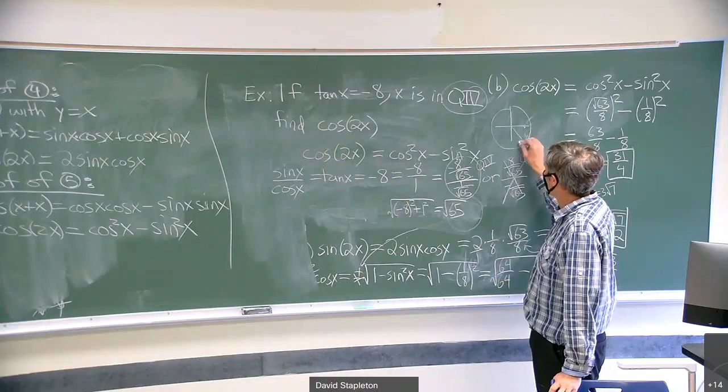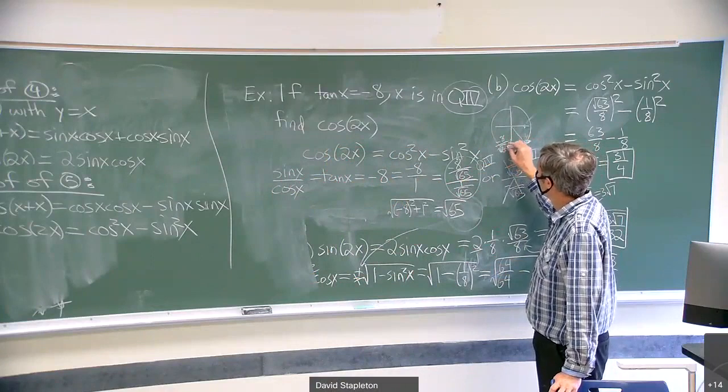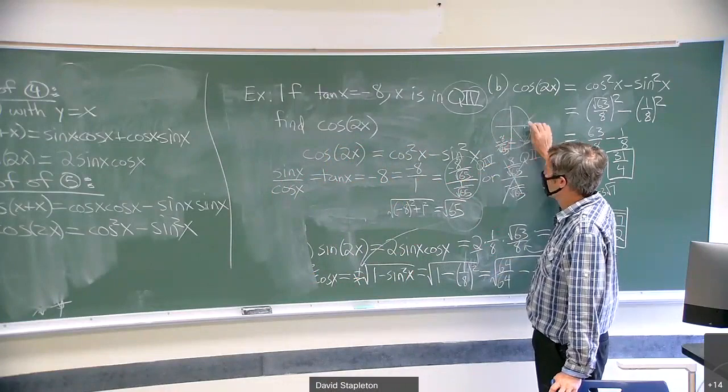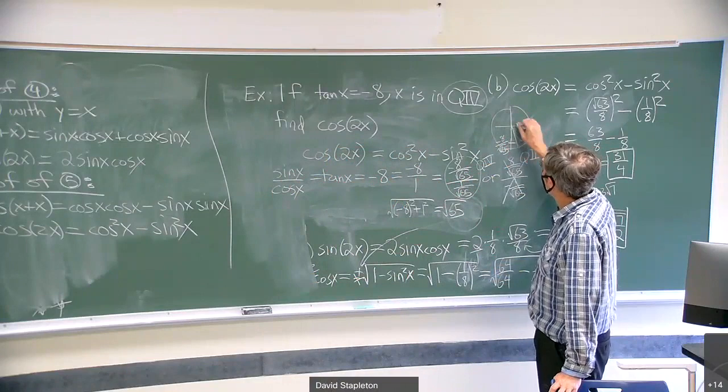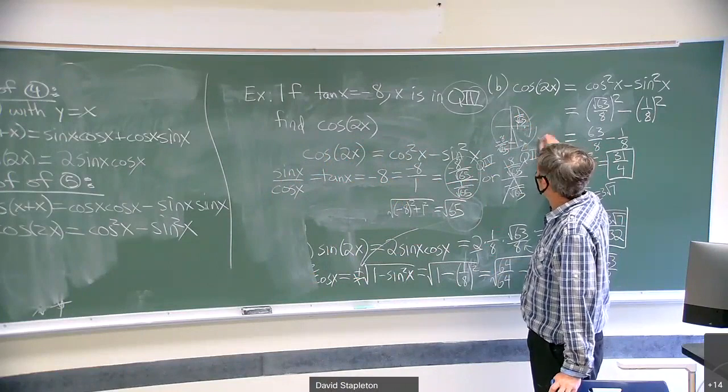So if you mark this point, this will be -8 over root 65. And this would be, I should make the angle better, I guess, like that. And a 1 over square root of 65. There's the angle x.